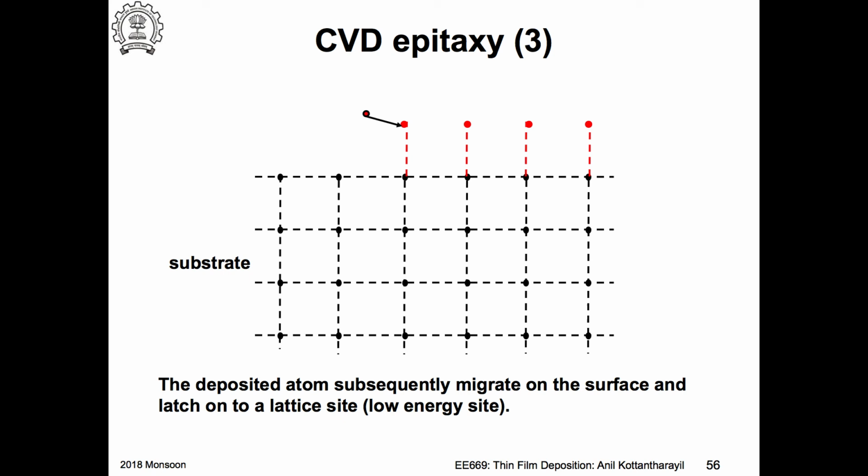This would then maintain the stagnant layer in the process. So you find this kind of process for epitaxial growth of silicon. This we have already discussed.